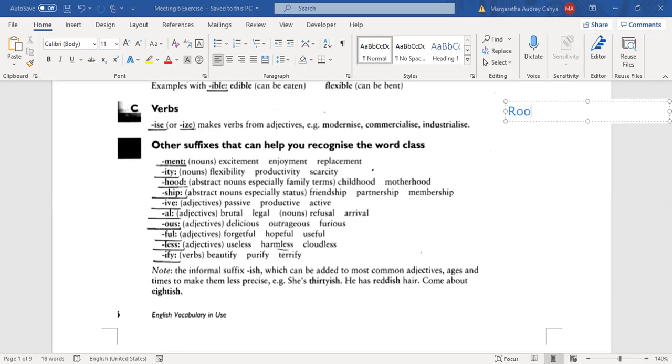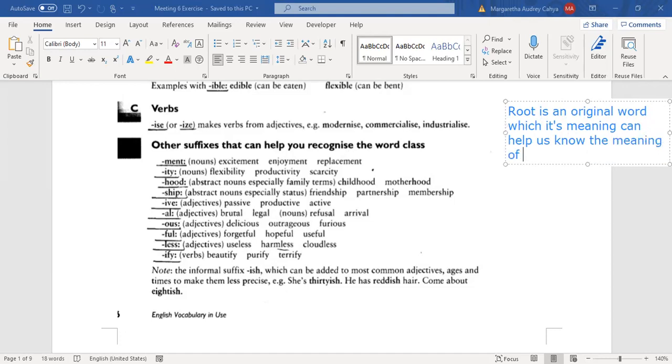So, a root is an original word, that which its meaning can help us know the meaning of words we don't recognize.